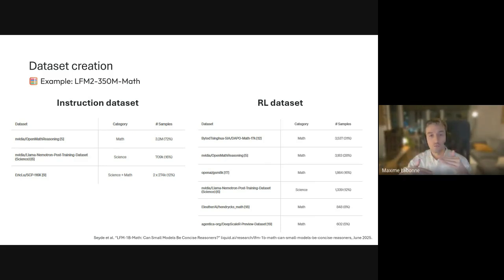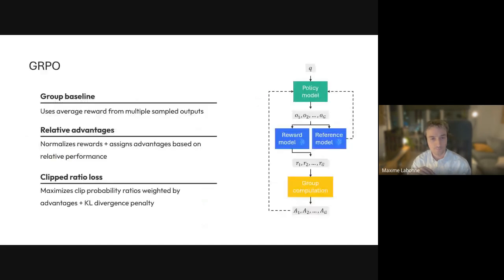So to measure what it can do and filter out the prompts that are too simple or too difficult, we just generated 10 answers and we checked if it was able to answer correctly once, twice, or more, because if it's not able to answer correctly at all, it means that it's a bad sample.